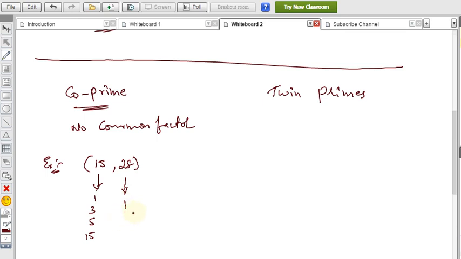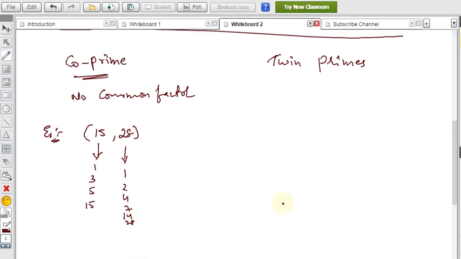Except 1, because 1 is common for all, there is no common factor. Then they are co-primes. So 15 comma 28 are co-primes.